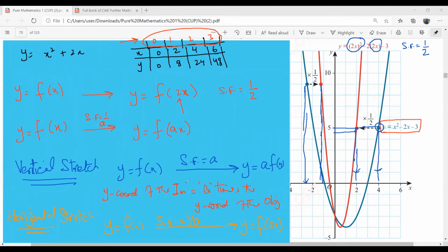And here you can also see that the impact is going to be on the x coordinates. So you can note it down that the x coordinate of the image is going to be 1 over a times the x coordinate of the object.